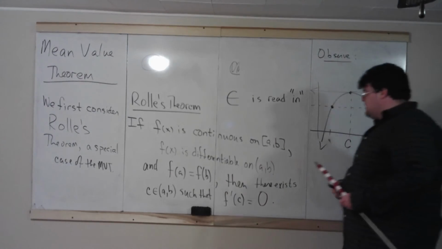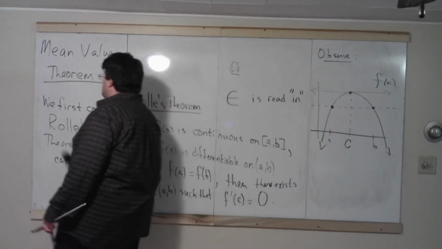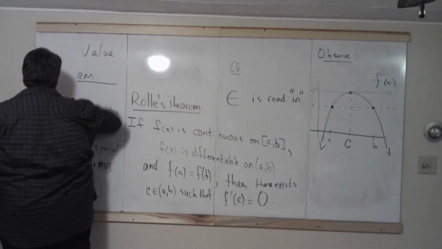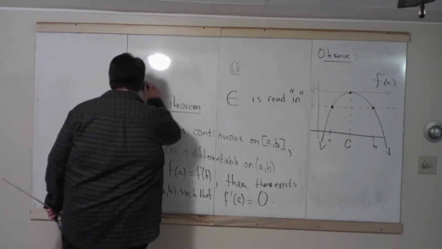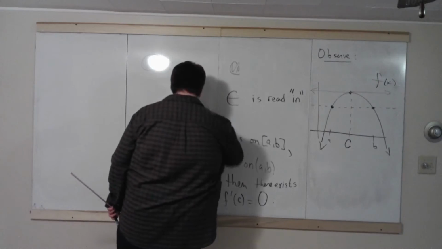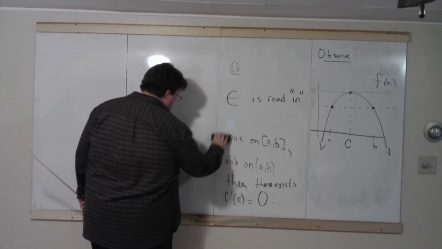Now, let's take a look at these assumptions. Now that type of graph illustrates Rolle's theorem. What happens if the function is not differentiable? Why would this not necessarily hold? Well, let's take a look at one.